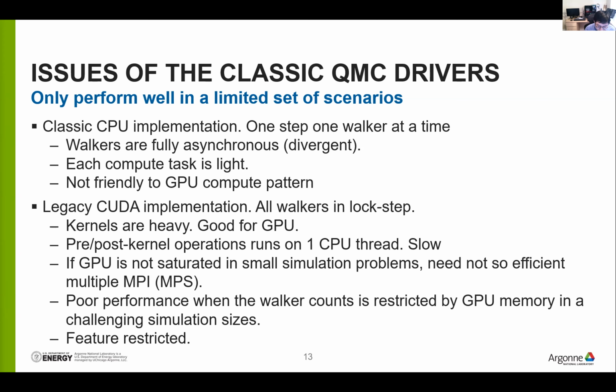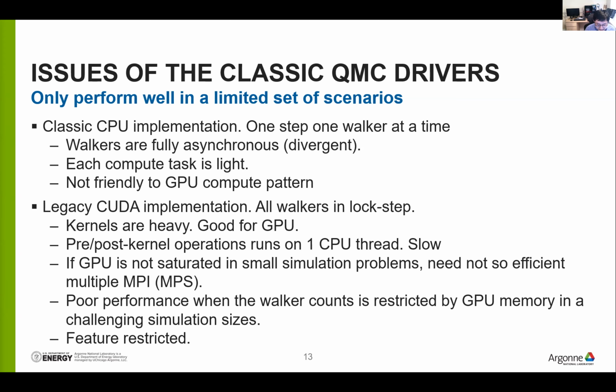The reason it's efficient is all the workers advance in lockstep. Lockstep means that all the workers do the execution together, and even if some workers don't do the work, you can ignore them. So you make sure enough workers are sent to the GPU to saturate the card. The kernels are heavy, which is good for GPUs. But on the other hand, this 10-year-old legacy code only launches GPU kernels from one CPU thread.